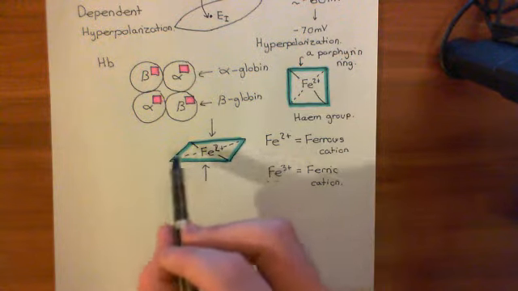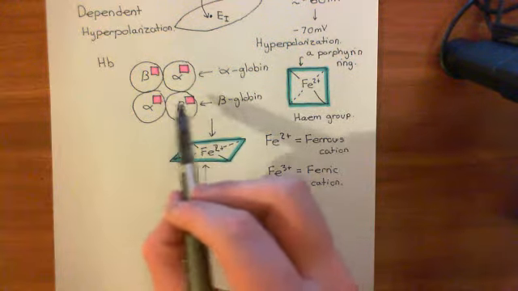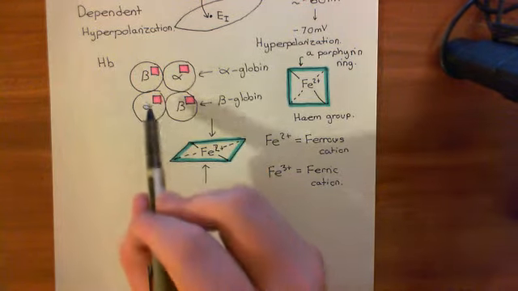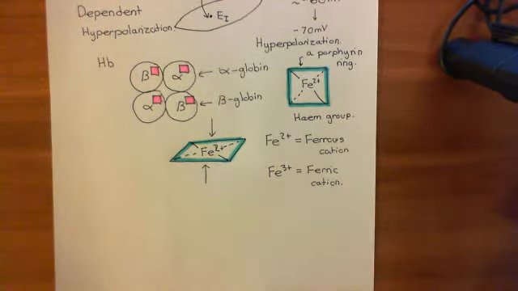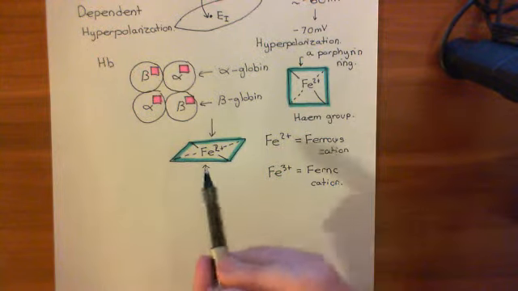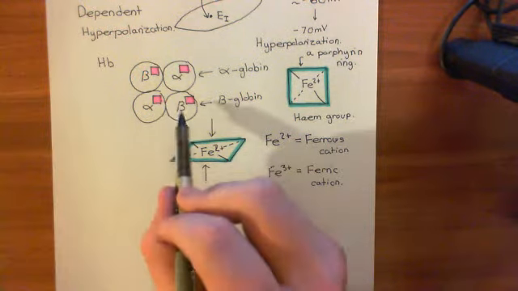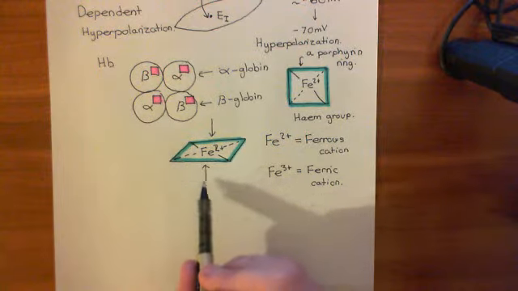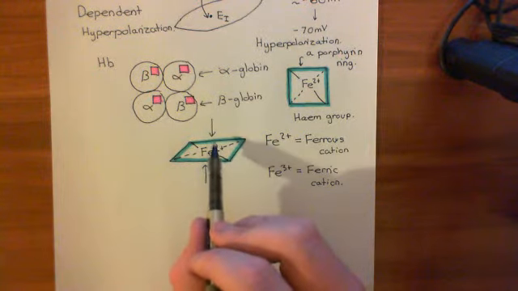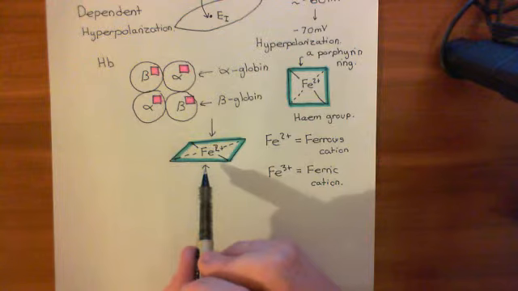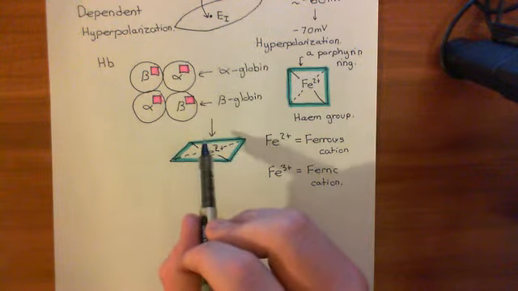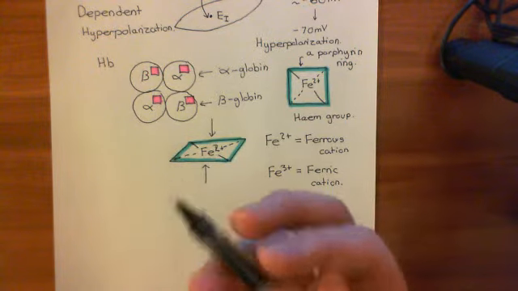We're going to take 4 heme groups and bind them to these globin proteins, 1 to each globin protein. You'll notice that binding of the heme group to the globin protein is only going to use 1 of these spare coordinate bonds up, the 5th one. The 6th one will still be free, and that's usually where oxygen binds.